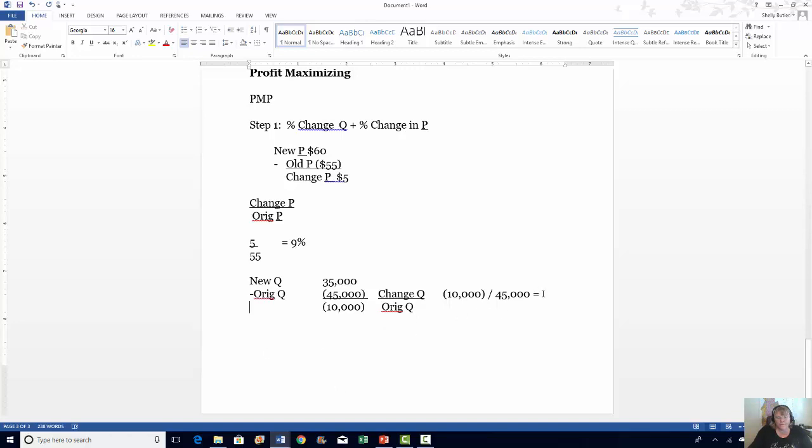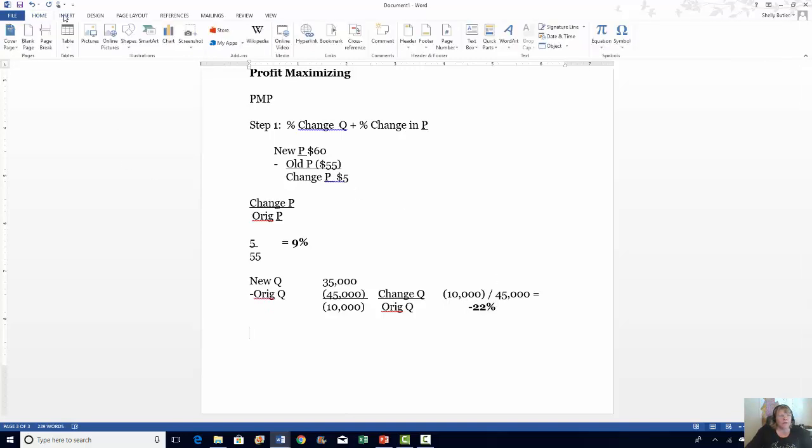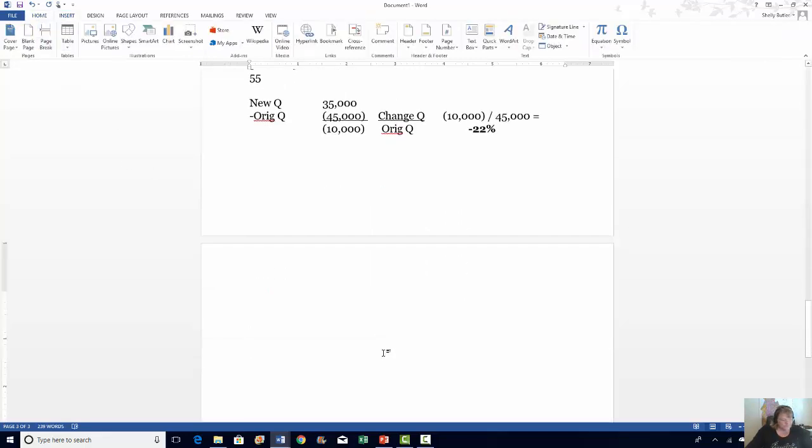So negative 22%. Now these are the numbers that we're going to need: the 9% and the negative 22%. Those are the numbers we're going to need in the next step. Okay.